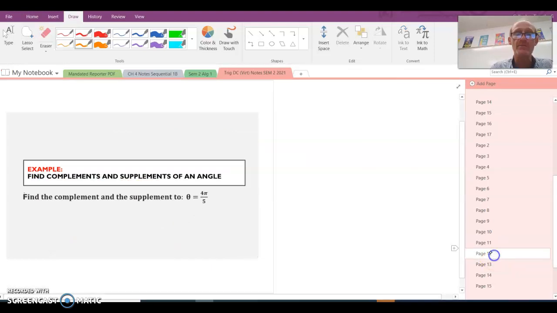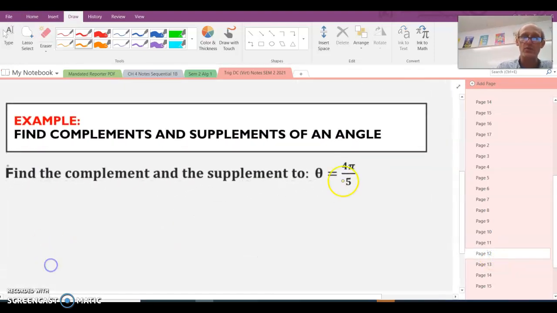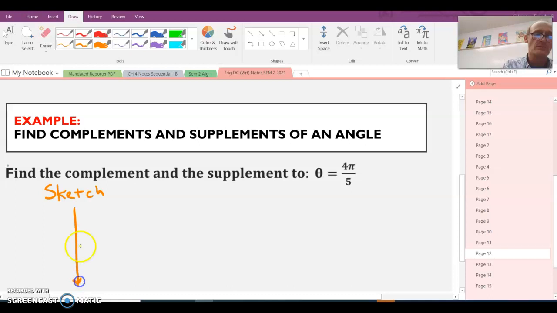All right, moving on then to another angle, which is 4/5 pi. So let's get the sketch of that again. 4/5 pi is almost 1, so 4/5 pi would be here, roughly.